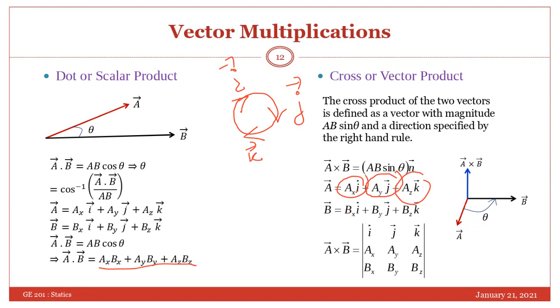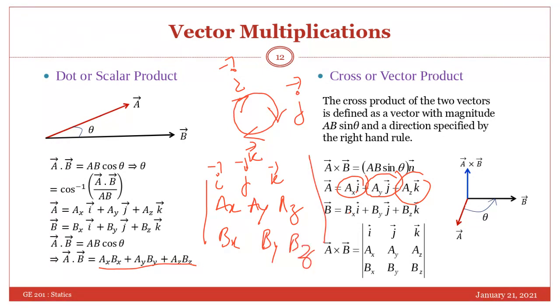That long expression you can make short by writing it in this form: I, J, K; AX, AY, AZ; BX, BY, BZ. If you open this determinant, you will get the answer of vector A cross vector B. I trust all of you know how to open a determinant.